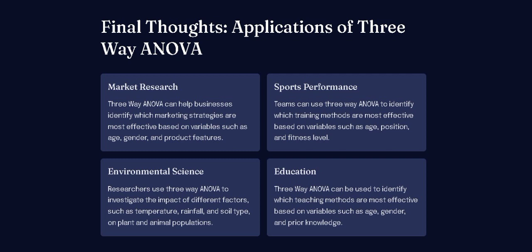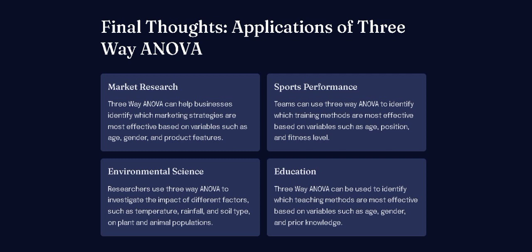For environmental science, researchers use three-way ANOVA to investigate the effect of different factors such as temperature, rainfall, and soil type on plant and animal populations.